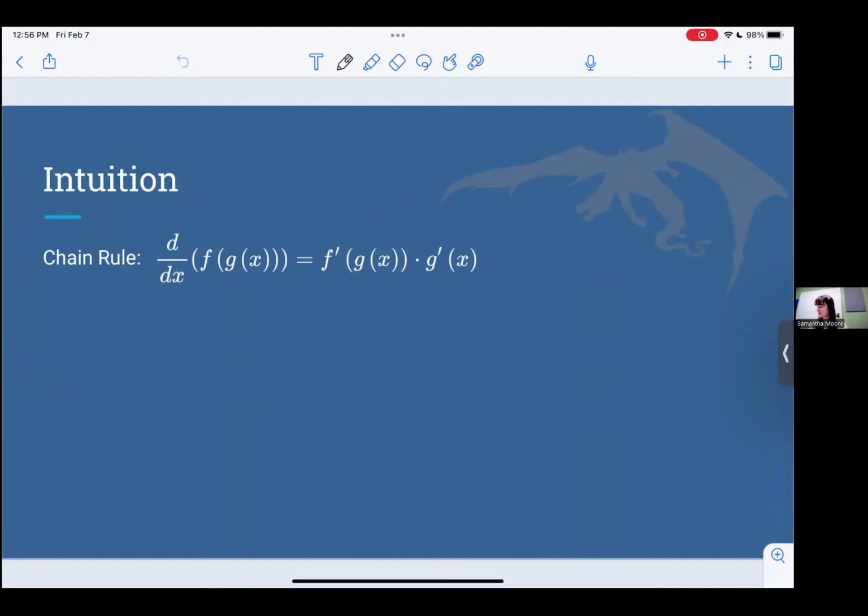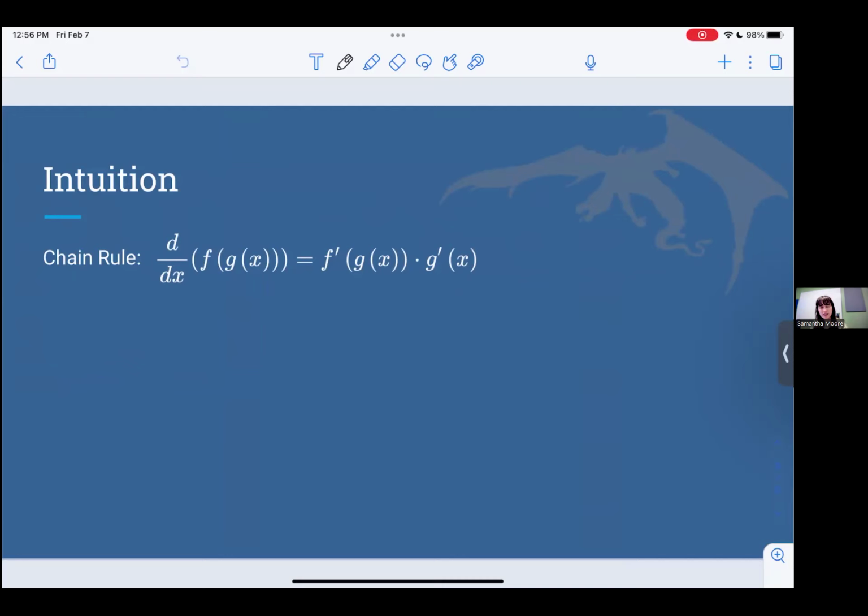As a reminder, the chain rule says that if I take the derivative of a composition of functions, f of g of x, then I get the derivative of the outside function, f prime, plug in the inside function, g of x, and then multiply by g prime of x.